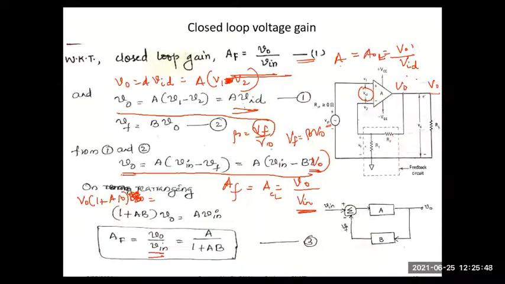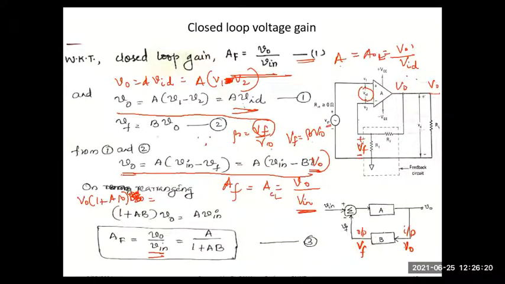From this circuit, we know this Vf, the feedback voltage which is there across this resistor R1, can be written as B times V0 or beta times V0. Why? Because the feedback factor beta, remember, is always the ratio of the output of the feedback network to its input, and the input to the feedback network is the output voltage V0.